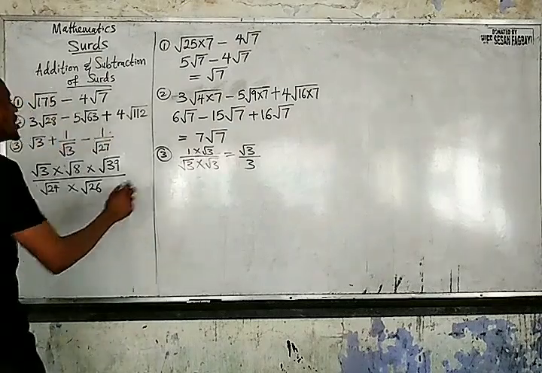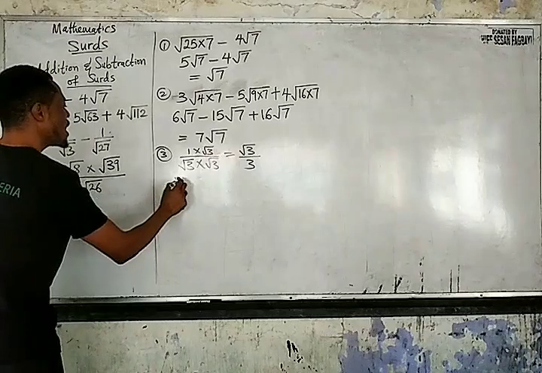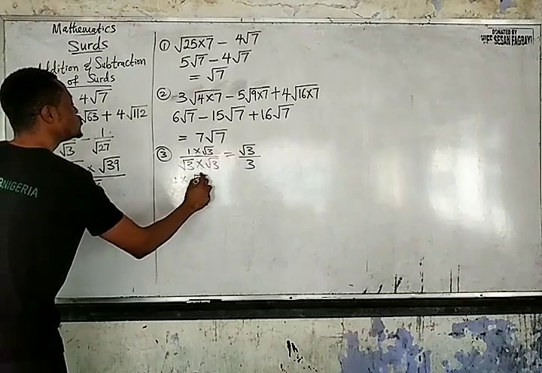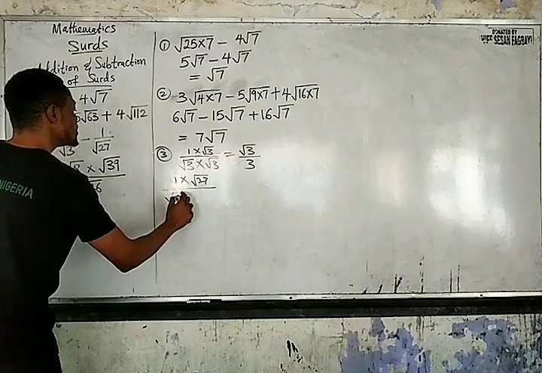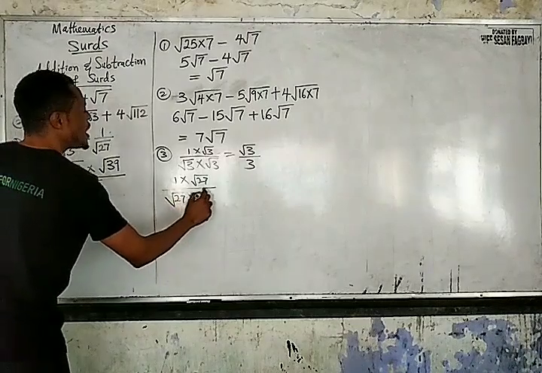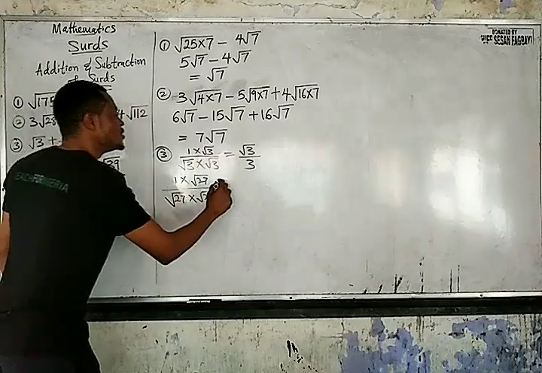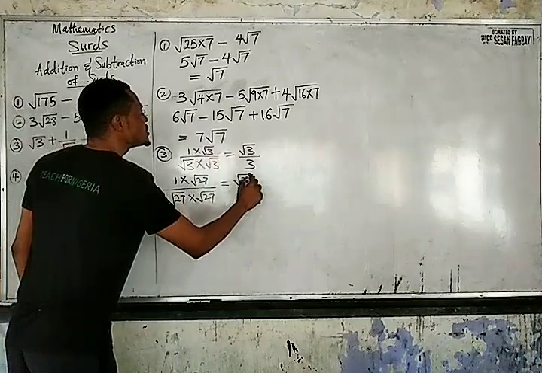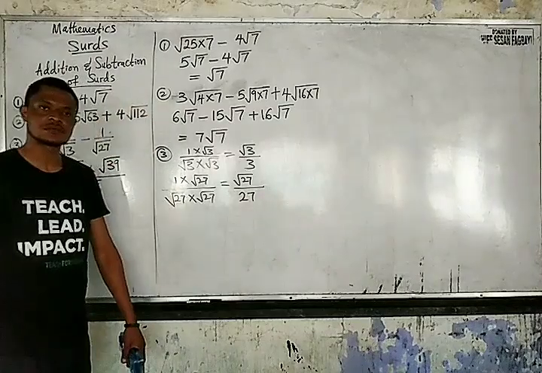Now for the second one here too, I rationalize by having 1 multiplied by root 27 over root 27 multiplied by root 27 again. This will give me root 27 over 27.